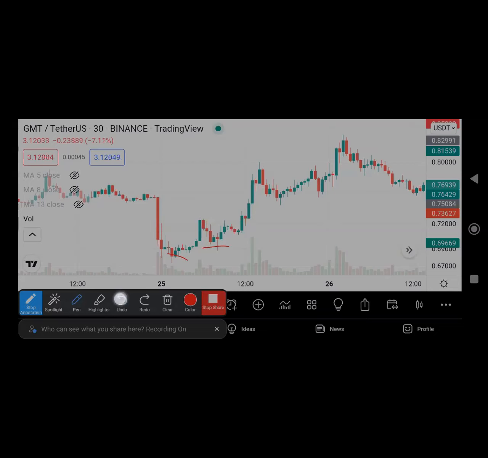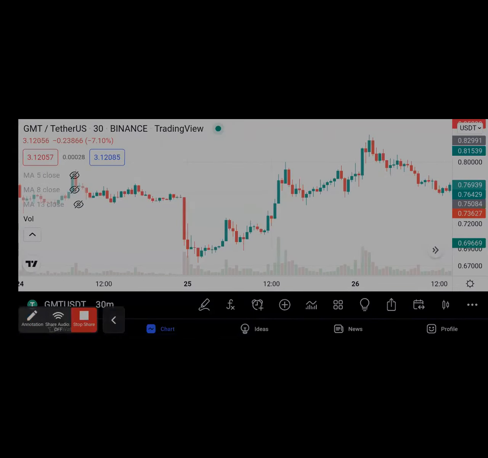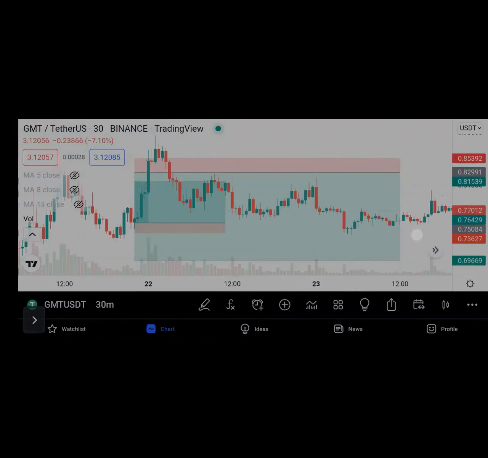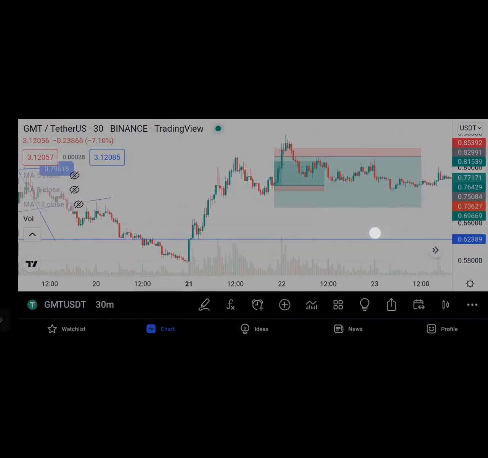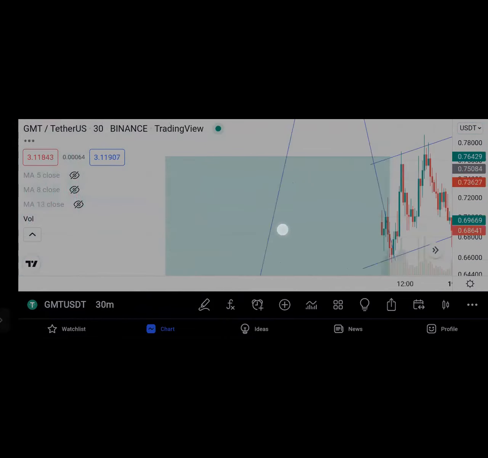Let's see if we can see a more beautiful one. Like, there are ones that can look very beautiful and clear. Let's see if you can find. This was also a flag pattern that I traded. Okay, I think I've talked about that one before.